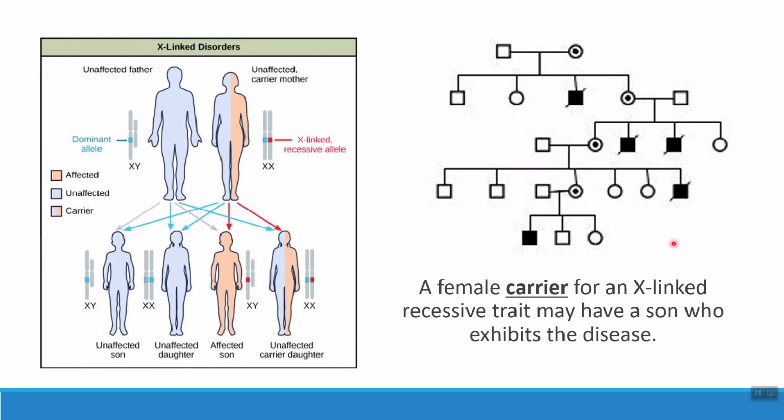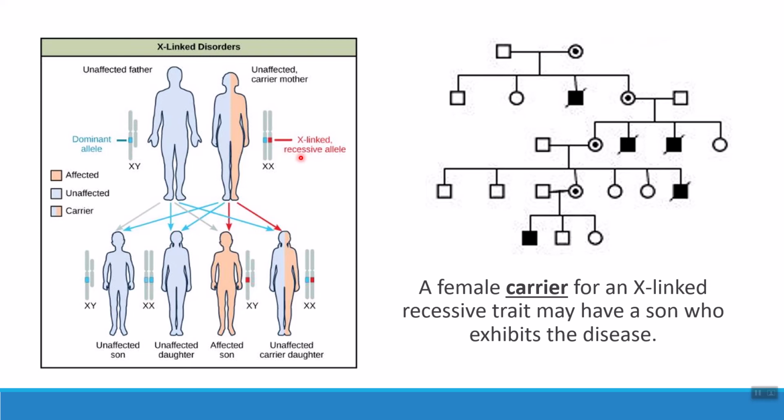But again, remember, the other way we can tell that this is an X-linked recessive trait is because we have those carriers. Remember, anytime you have a carrier, whether it's for a sex-linked trait or for a trait on an autosome, it always has to be recessive. If I can carry it and not have the disease, I must need 2 copies to express that disease.